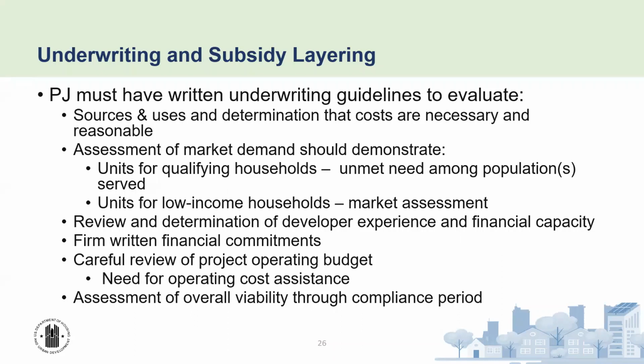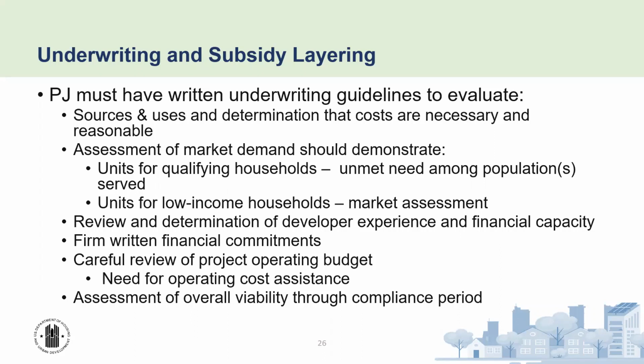PJs must also carefully review the project operating budget, including the basis for assumptions, projections of the project operating income, and anticipated changes in revenue and expenses during the compliance period to determine if any HOME-ARP operating cost assistance is necessary, and if applicable, is sized appropriately to cover the projected operating deficits.